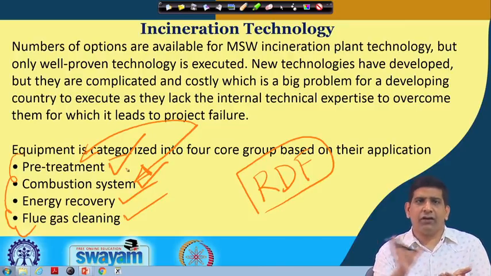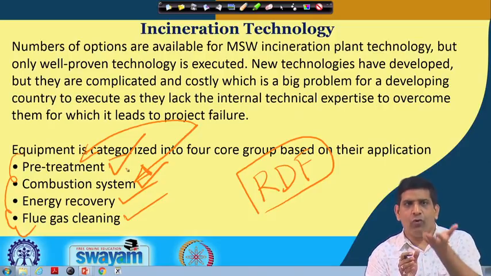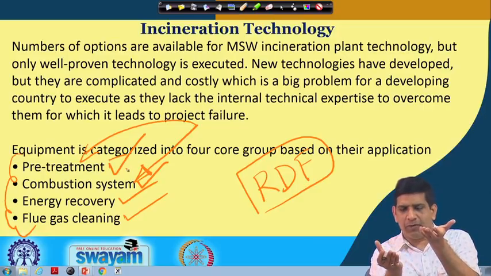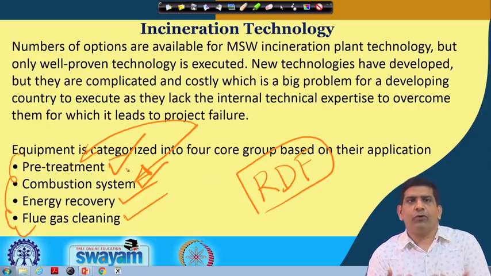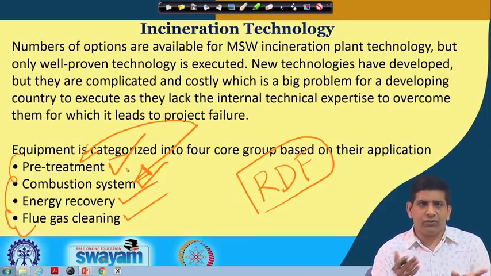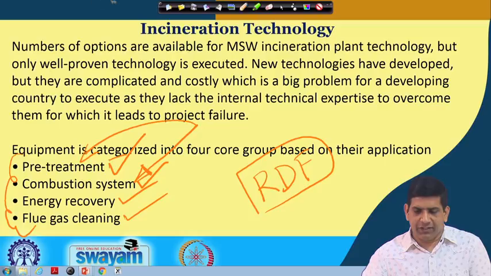So you have to do the economics and the optimization. Either we put a system in place to make RDF and get more energy, or we just go for mass burn and the energy gain is less, but you don't have to make all that investment for producing RDF. There are pros and cons of both, which need to be debated, discussed and calculated based on your situation.